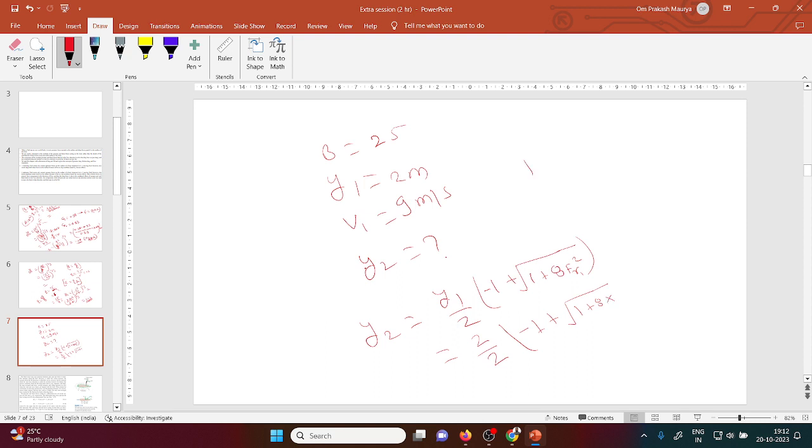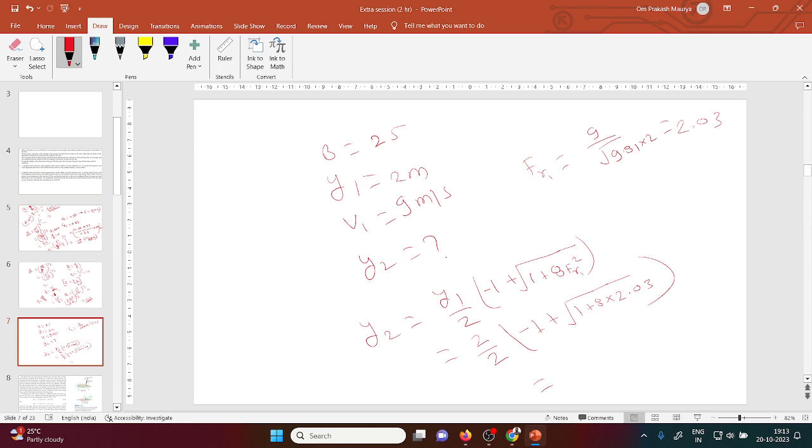How much is FR1? It is 9 divided by root under 9.81 into 2. That is 2.03.